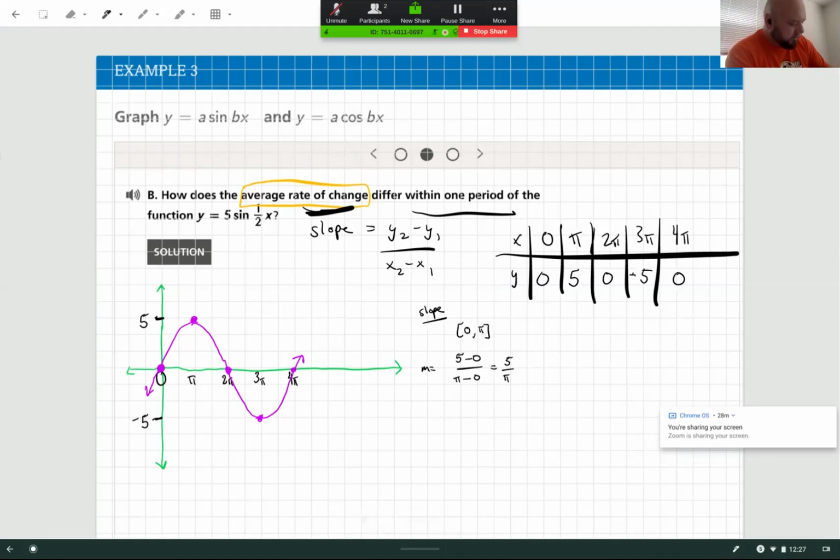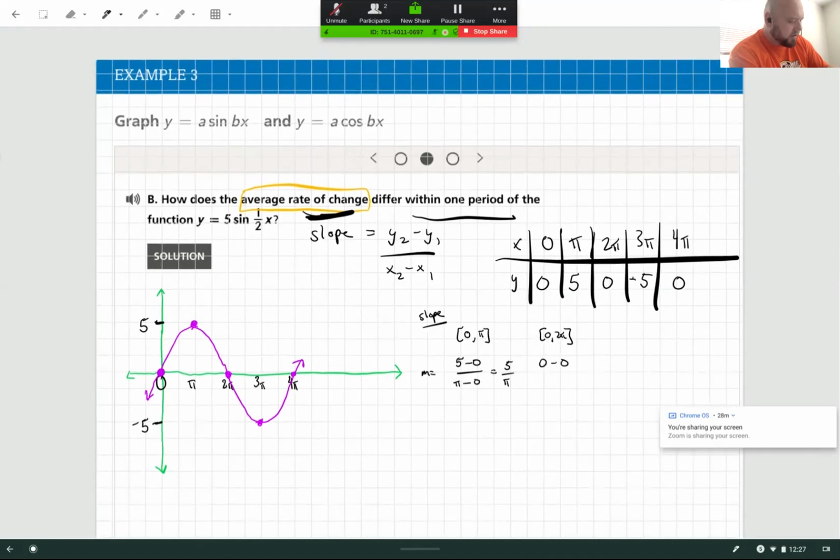What if I did from 0 to 2 pi? Well, my ending y value is 0. My starting y value is 0. My ending x value is 2 pi. My starting x value is 0. 0 minus 0 is 0 over 2 pi, which is just 0.